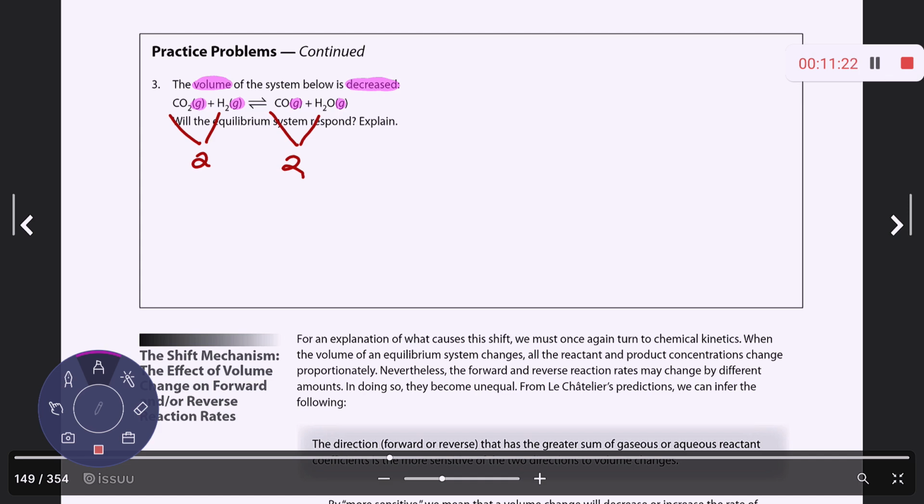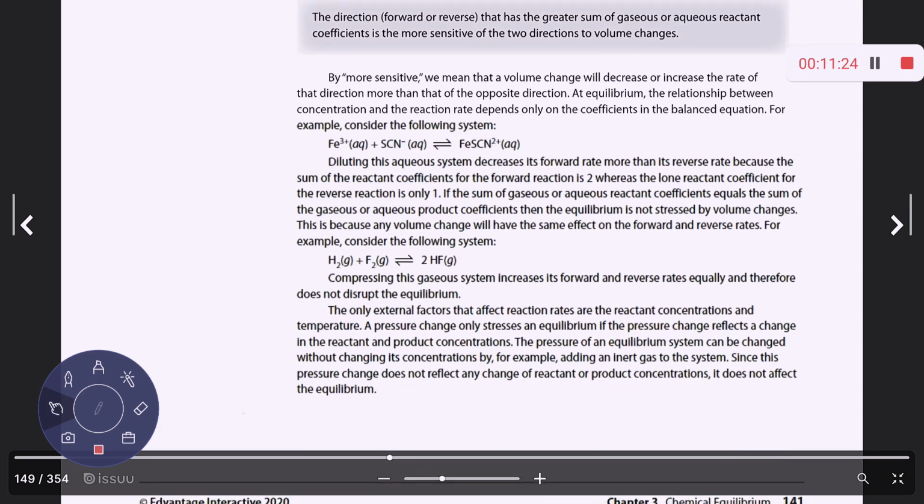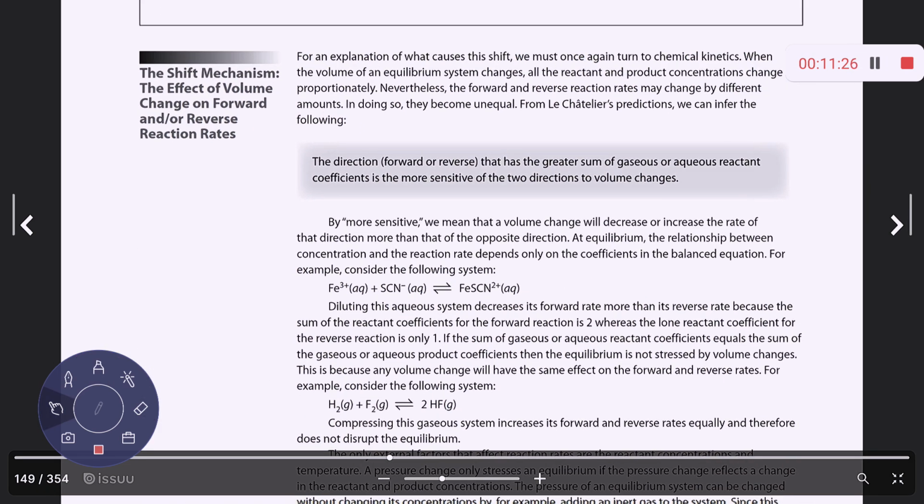Okay? So the direction with the greater sum of gaseous or aqueous reactant coefficients is going to be more sensitive of the 2 directions to volume changes.